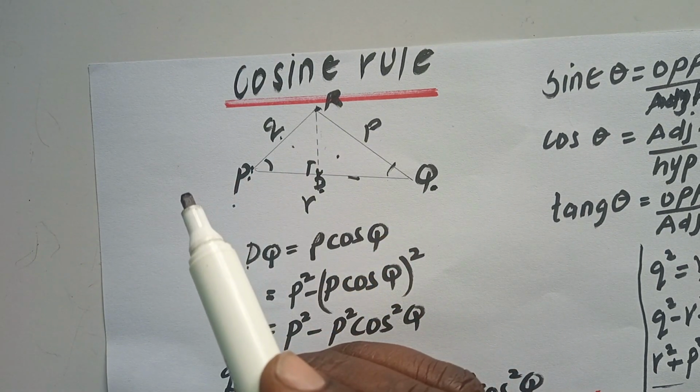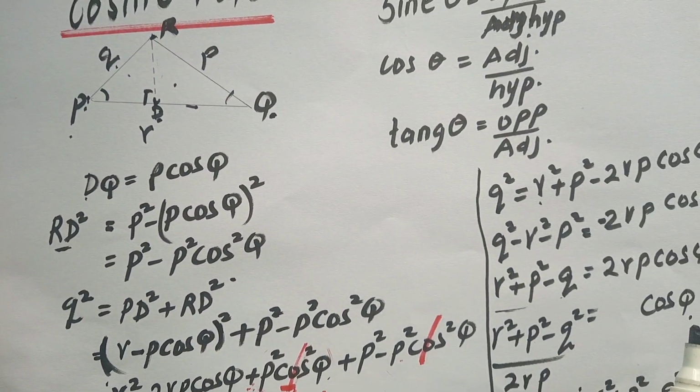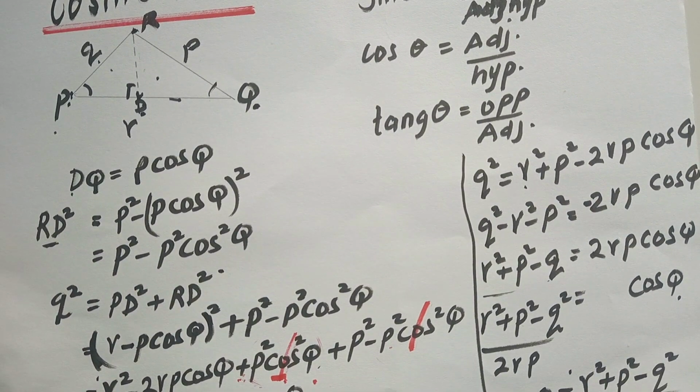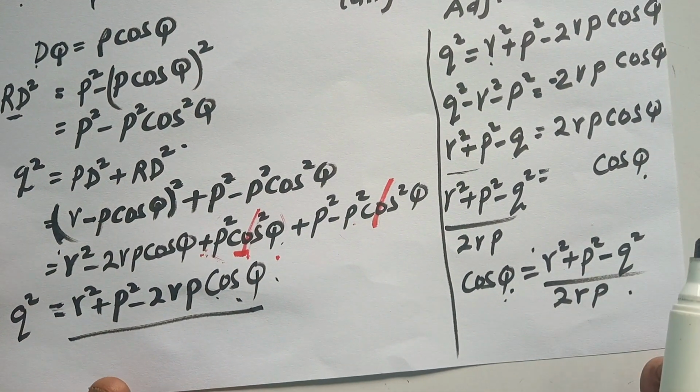Still, you'll be able to get to the answer. So we have generated the cosine rule. It can be applied in almost all situations in mechanical engineering, electrical engineering, building and construction to solve problems related with geometry. Thank you.